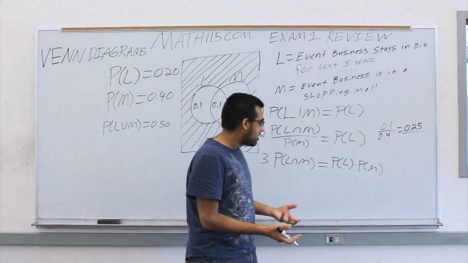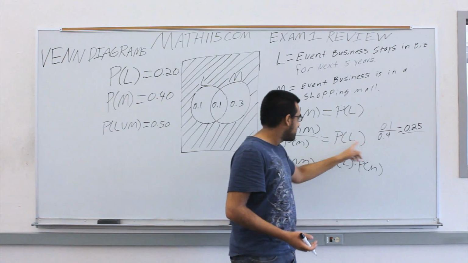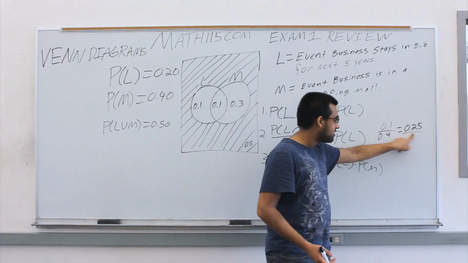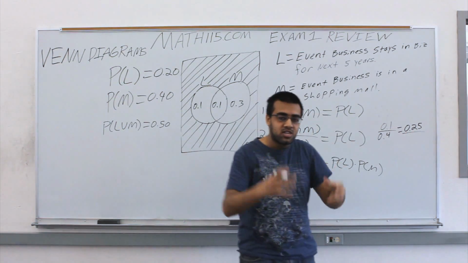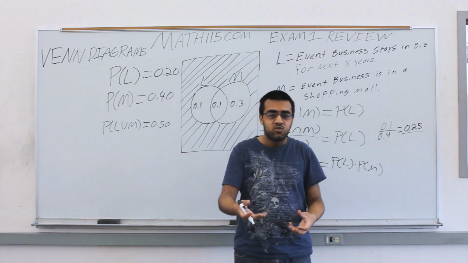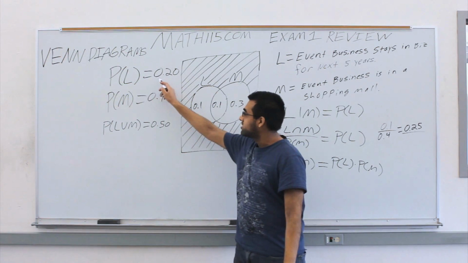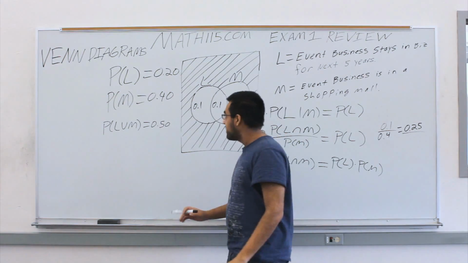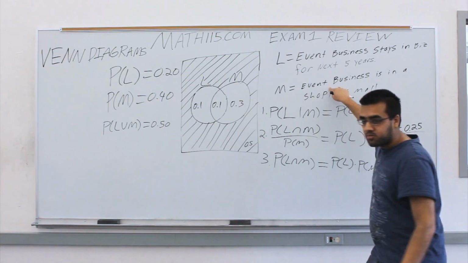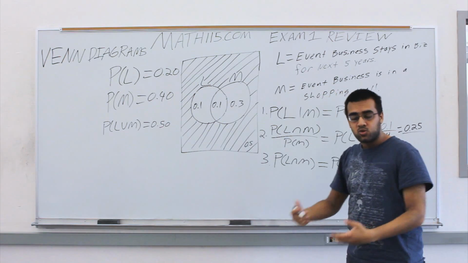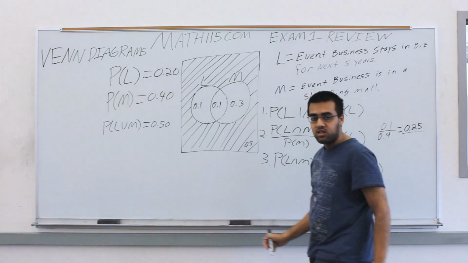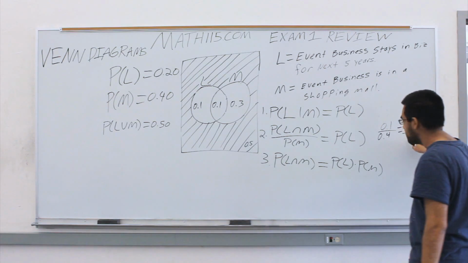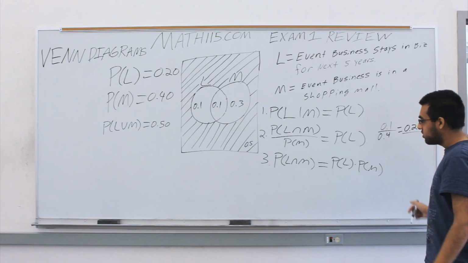So if you're in a shopping mall and you realize that the probability that you stay in business for the next 5 years is 25%, right? That means that your percentage of success has increased a little bit. Before it was 20%, given no information, just the probability of L. But once you're given that you're in the shopping mall, that means it must have had some sort of effect on the probability of L. It means that your success rate for staying in business must have gone up because your probability went to 0.25.